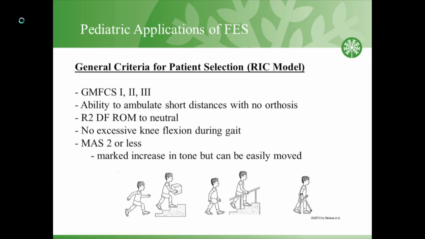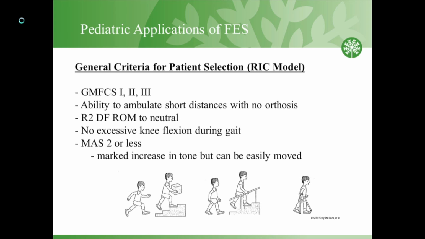I would definitely say ability to ambulate short distances with no orthosis is a pretty reasonable requirement for these kids. And most of the kids that come in that are actually going to be a good WalkAide candidate probably don't wear their AFO full-time anyway. They're probably the kids that take it off when they get home, because they can get around, they just need a little bit of help with toe clearance.